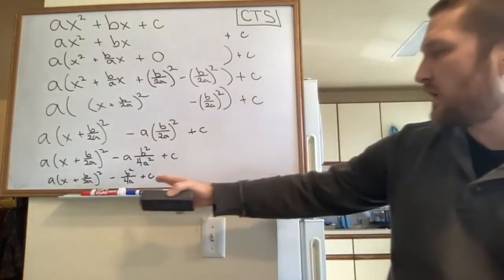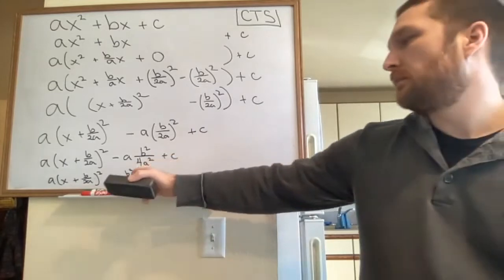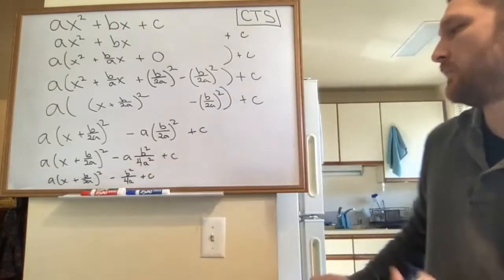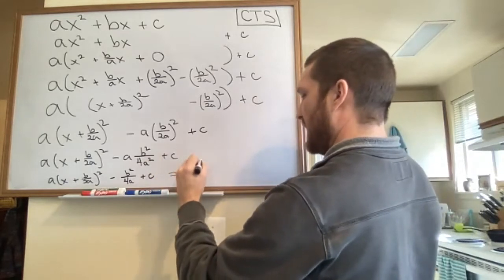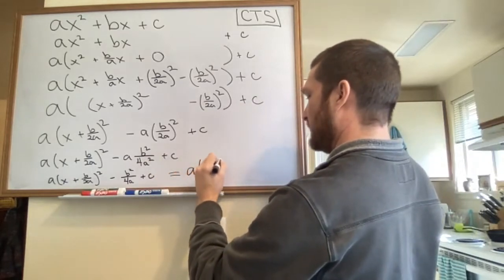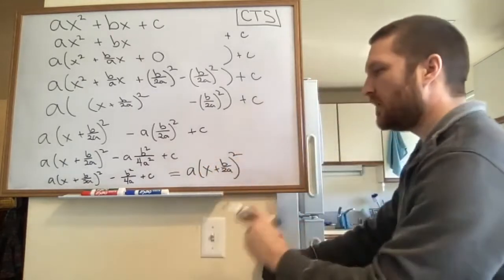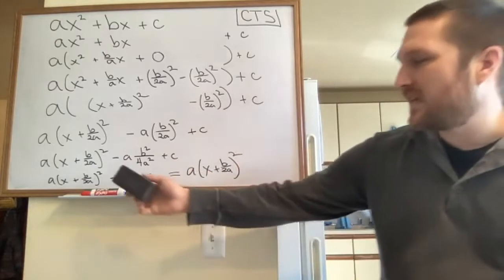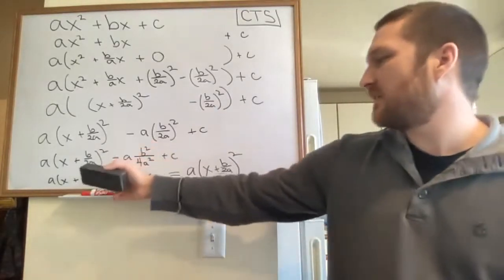I did want to rewrite this one last way. a times x plus b over 2a squared. I like, and I've said this before, if I have minus and plus, I like to write the plus first, then the minus.